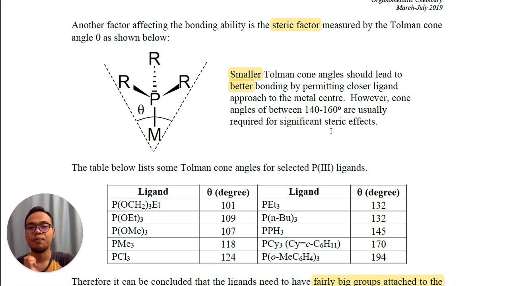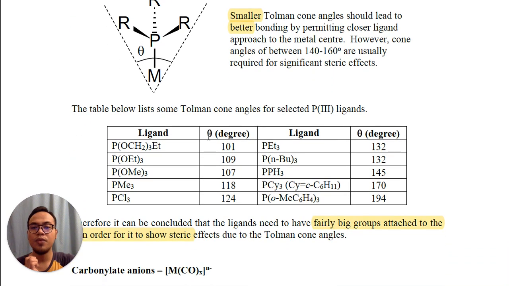From this table alone, we can understand that starting from PH3, your phosphorus attached with hydrogen, in this case we have a 145 Tolman cone angle. Starting from here up to 194, you can see these three ligands are going to have some difficulties in forming a bond with your metal.